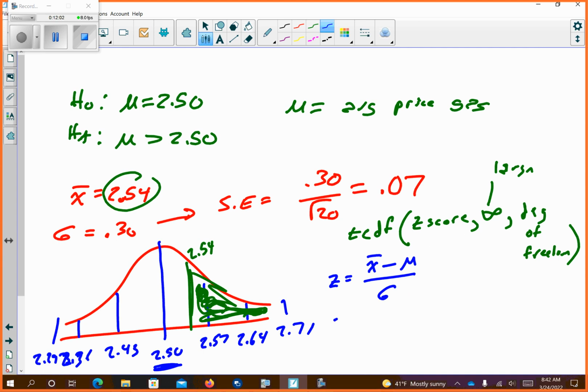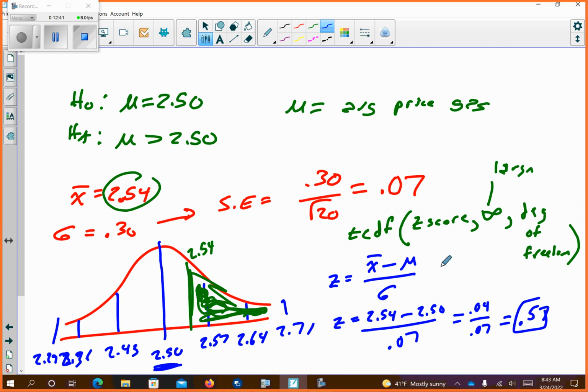Okay, so I'm going to take 254 and subtract my null 250, or mu, over the standard deviation, which we said was 0.07. So that's going to give me 0.04 over 0.07. Does someone have a calculator or on your phone? Just go 0.04 divided by 0.07 for me, please. It's 0.57. Sounds good. Do we agree on that? Yeah. So this is my Z-score.